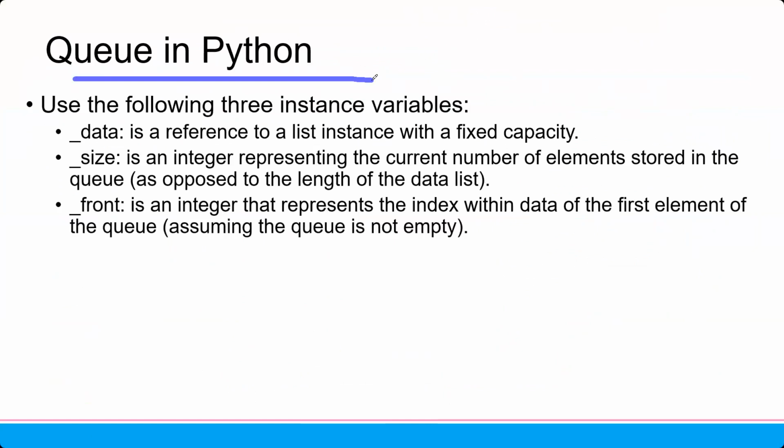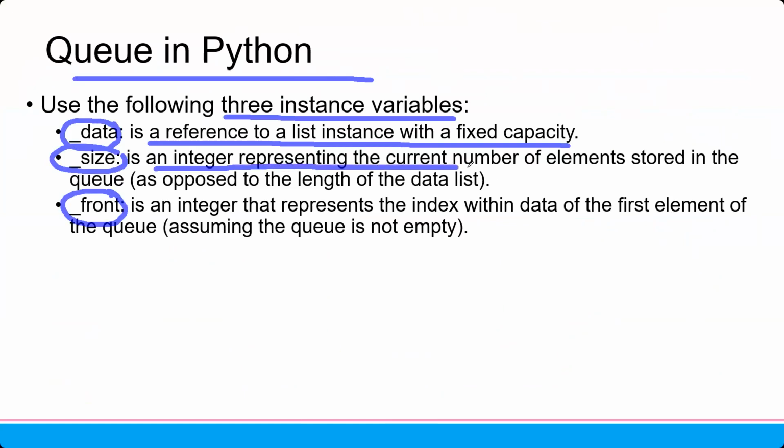if you go to the code, there are 3 instance variables: data, size, and front. Data is a reference to a list instance with fixed capacity. Size is an integer representing the current number of elements stored in the queue.